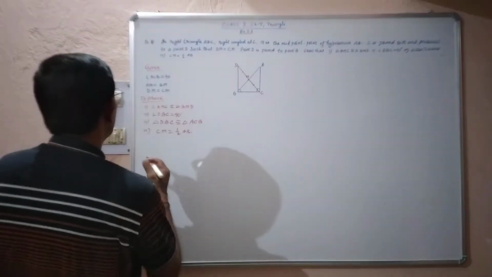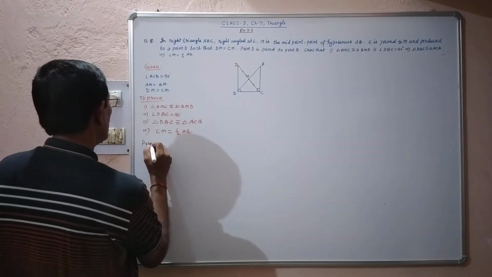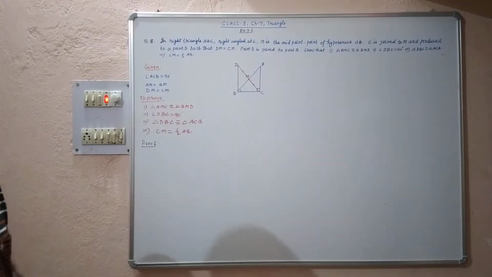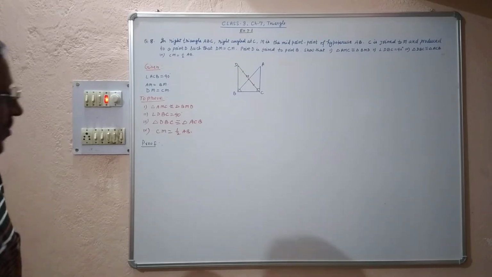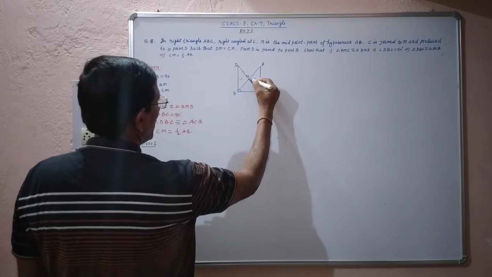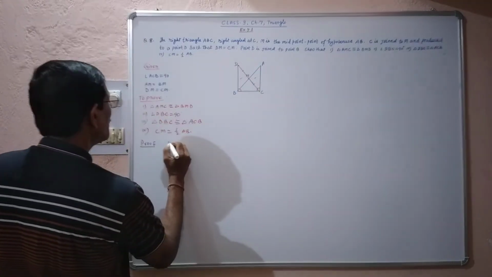Now we give the proof. First of all, we take these two triangles, triangle AMC and triangle BMD.